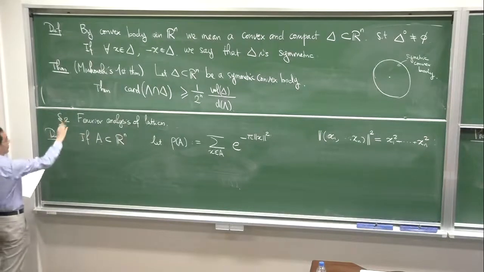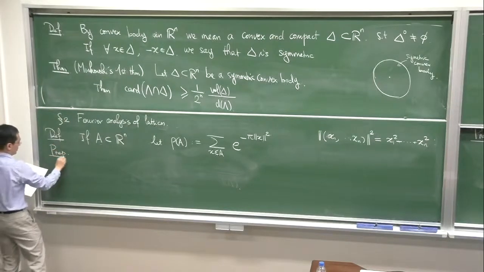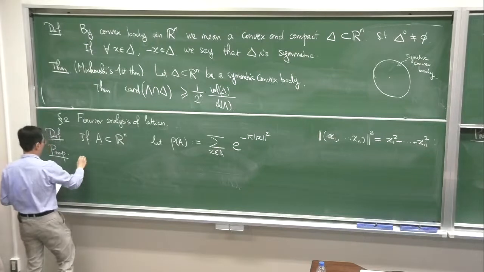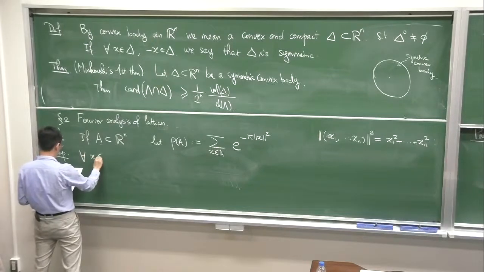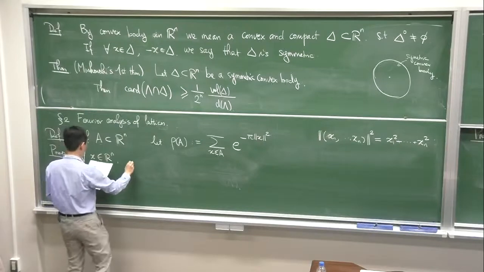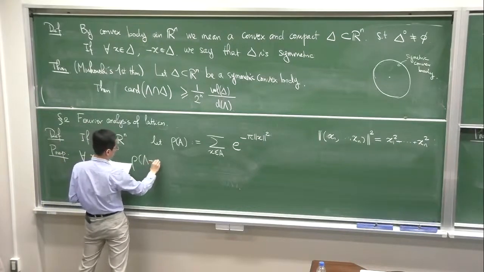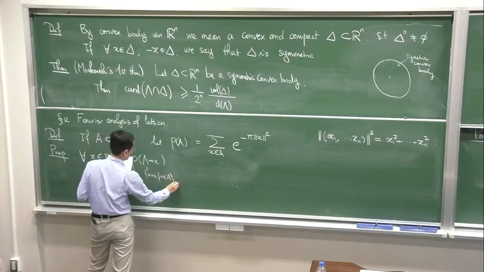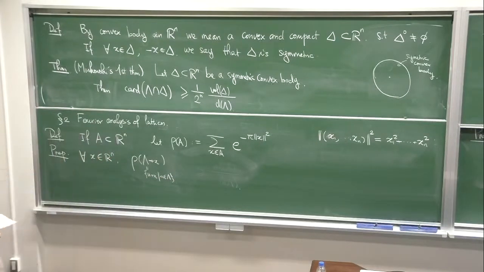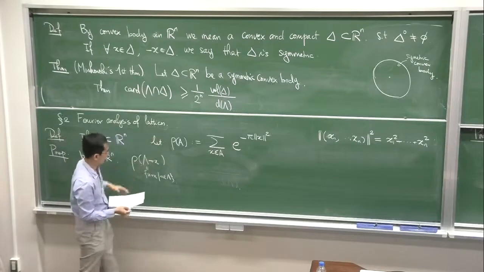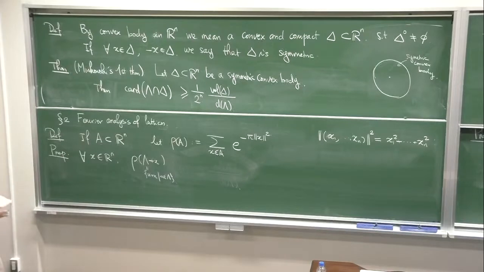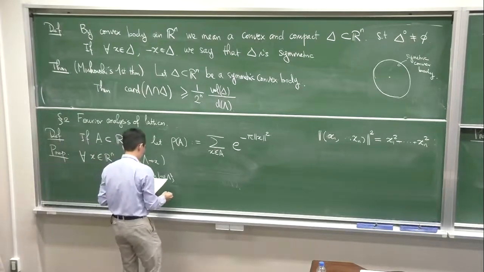Now I fix also a lattice, so I will not introduce again the notation for the lattice. The proposition says that for any x in R to power n, you consider rho of lambda plus x. As before, lambda plus x is the set of u plus x for u in lambda. If you compute the function rho on this set, you compute the sum of the Gaussian distribution function evaluated on this set.